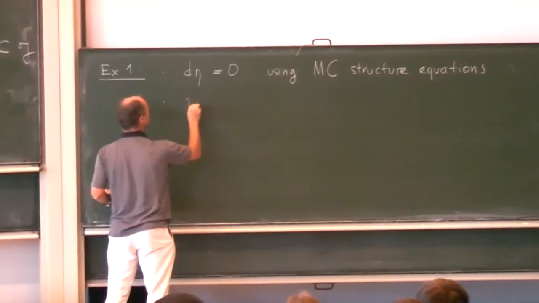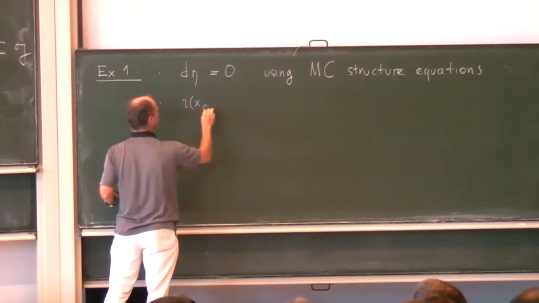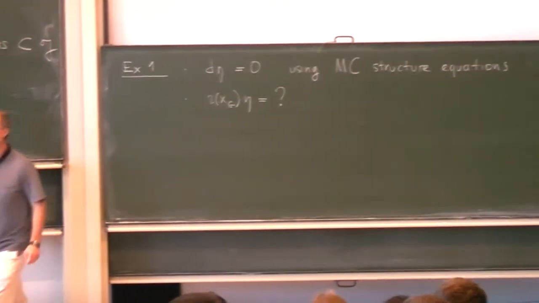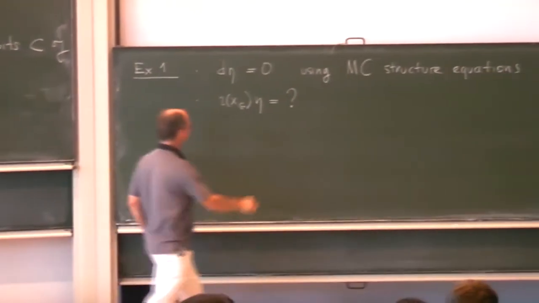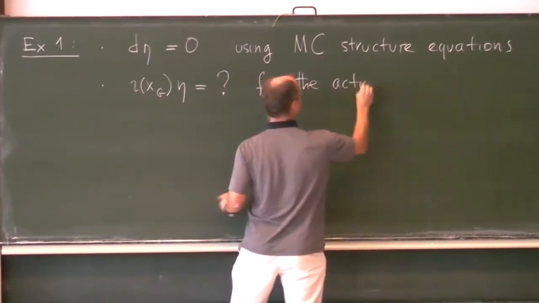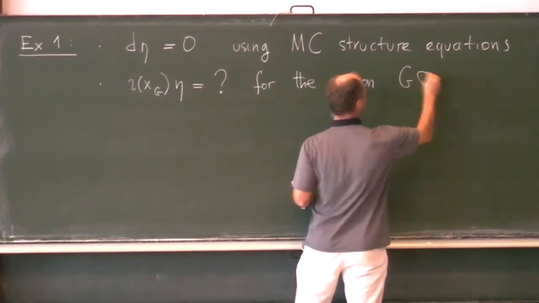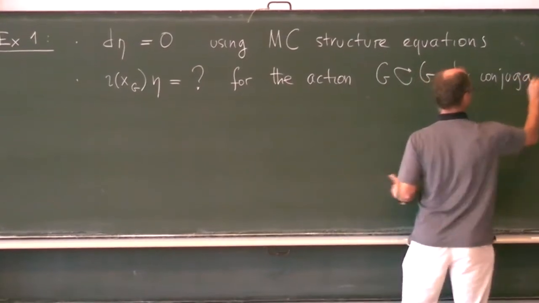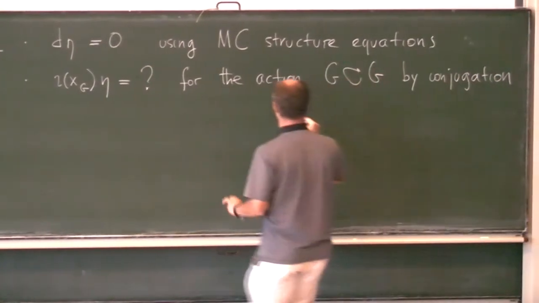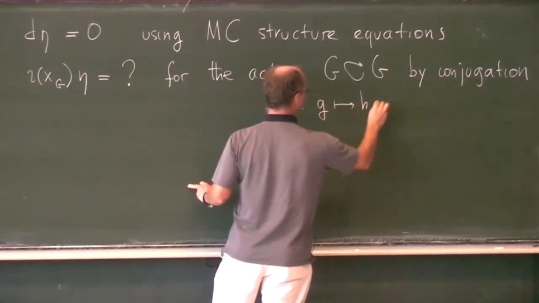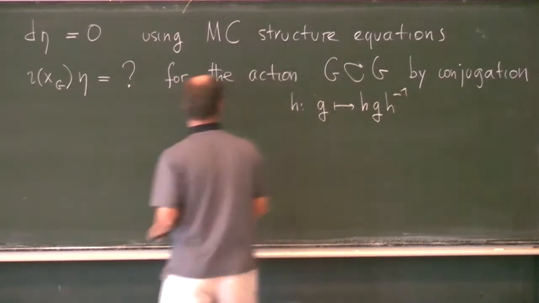And the other thing is to compute a contraction with the fundamental vector fields for the action of G on itself by conjugation. So H maps G to HGH minus 1.